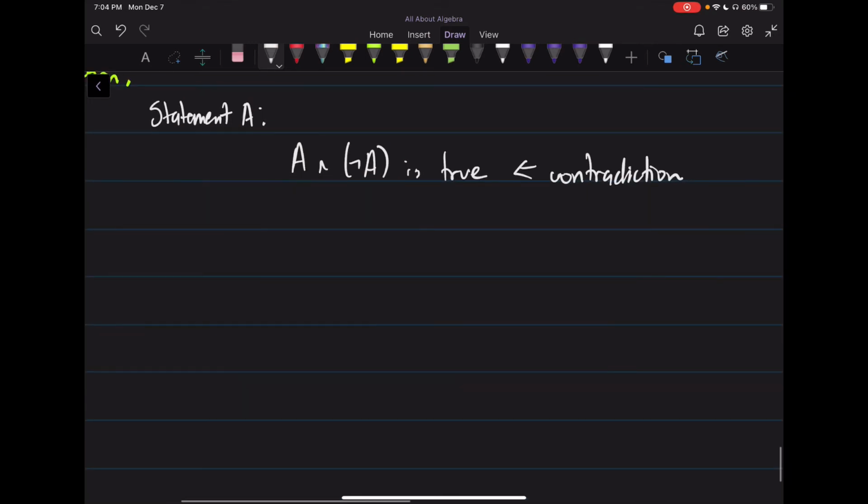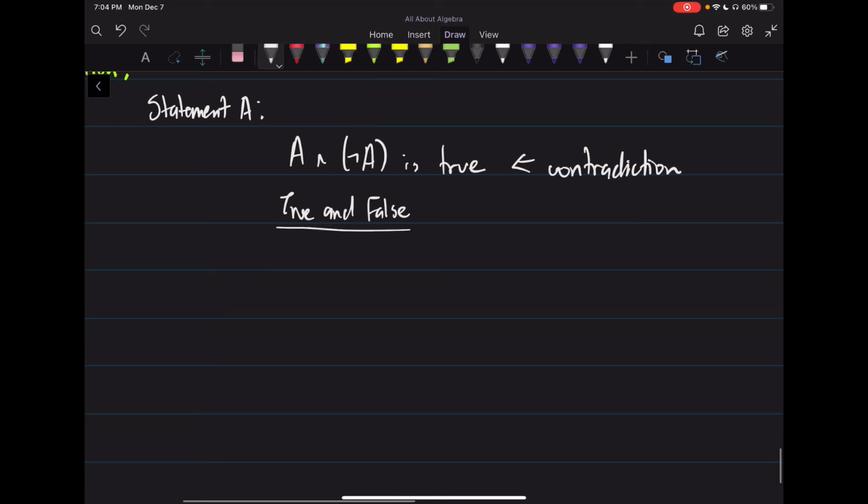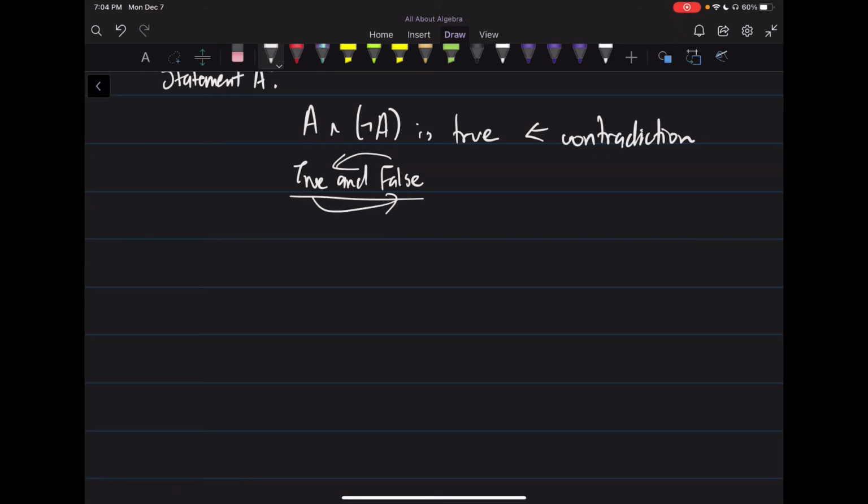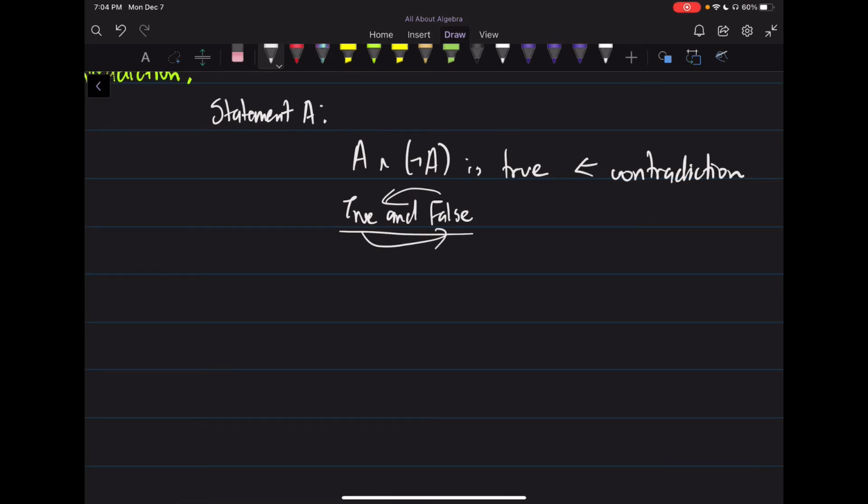Why? Because let's say we're saying true and false. So we're saying true is true and false is true. But this is a contradiction because false cannot be true and true cannot be false. So they contradict each other. They cancel each other out. Interesting, right? So how would we exactly go about this? Well, you can assume the negation to be true.